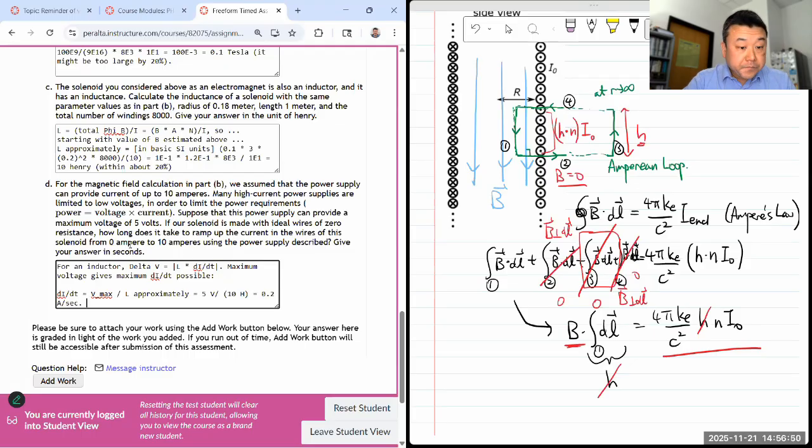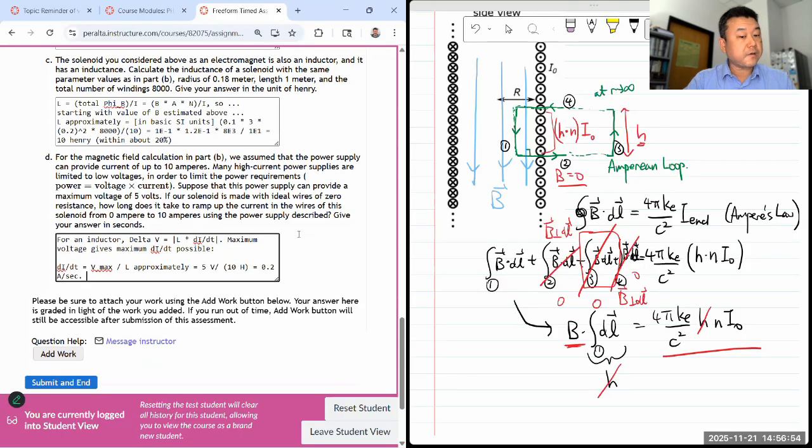If I'm trying to change it by 10 amperes, then I need 50 seconds to ramp it up to 10 ampere. Again, within 20% because the 10 Henry estimate is within 20%.